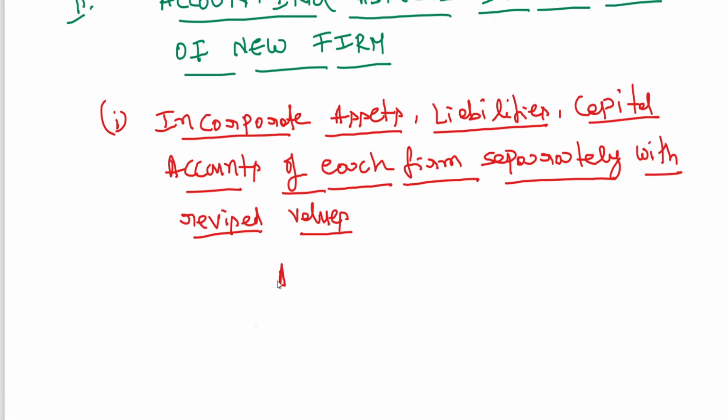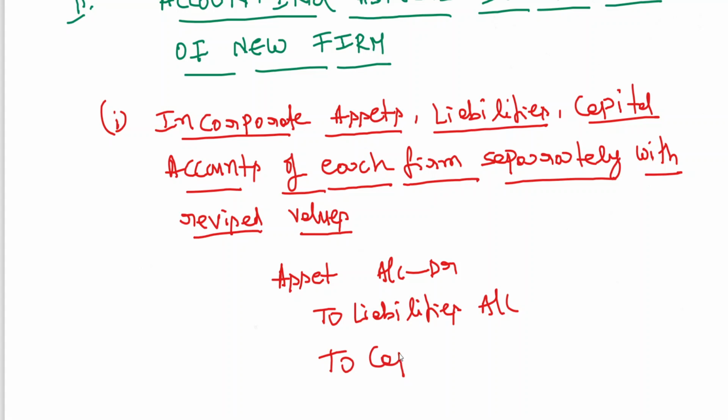The entry will be: asset account debtor to liabilities account, to capital account, because they are receiving. Debit what comes in as assets, and they are also getting the liabilities. Liabilities will show a credit balance, assets will show a debit balance.